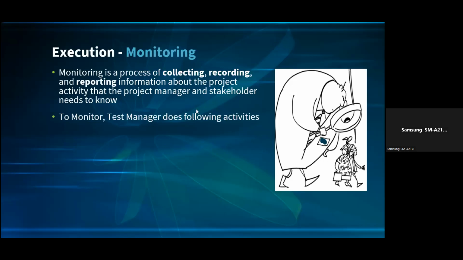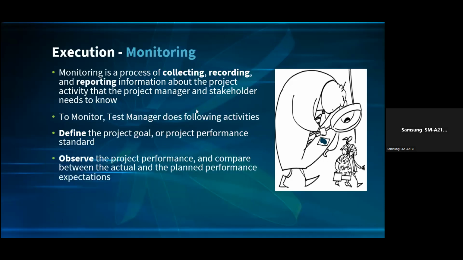The test manager does the following activities. 1, define the project goal or the project performance standard. 2, they observe the project performance and compare the actual and the planned performance expectation. So that's the way the project manager is meant to look at the test plan and design it in terms of when you want to monitor, to know what exactly the performance of the project is going to be.